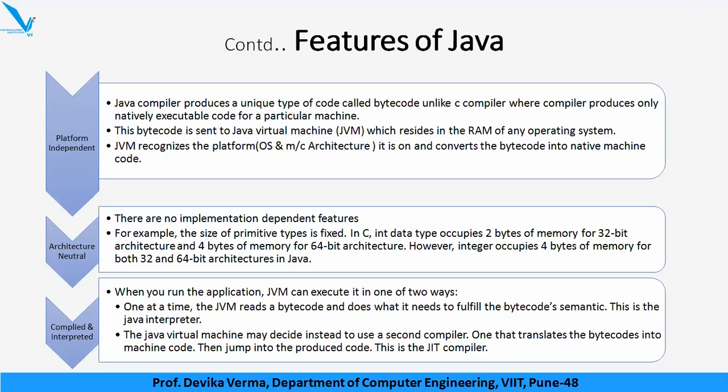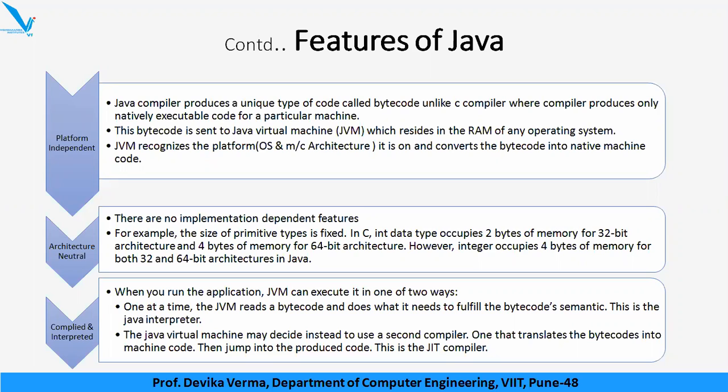Now Java is said to be both a compiled and an interpreted language. When the Java program is converted into bytecode, the Java virtual machine, called the JVM, executes each instruction one by one by converting it into machine code.